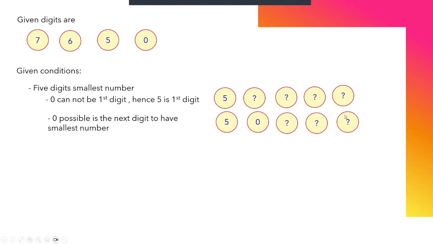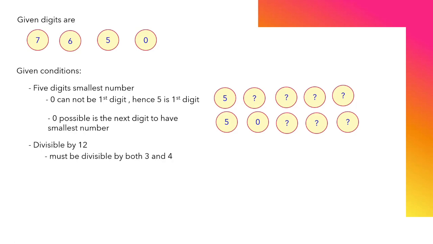Now our task is to fill the remaining 3 places. For that, we look at the other given conditions. The constructed number must be divisible by 12, so that number must be divisible by both 3 and 4.